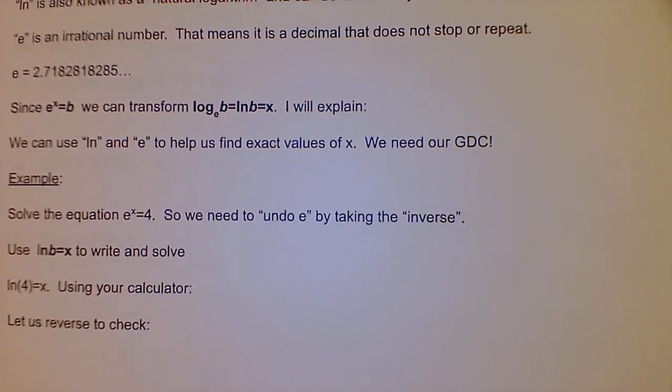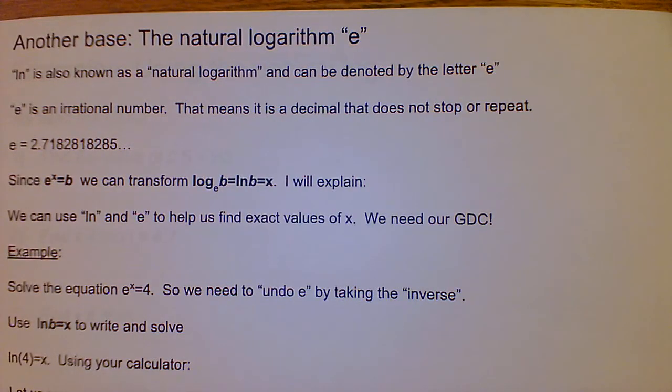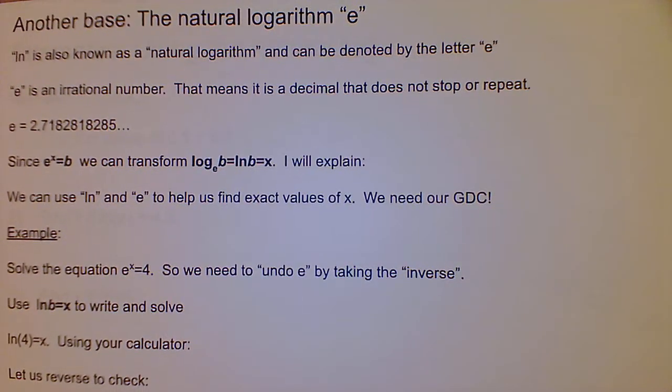Okay, next. Another base. This is known as a logarithm e. So here's where, if you were not grasping the concepts that we just went over in the previous couple pages, you might want to pause, go back over, maybe retry those examples on your own, and then come back to this part, because I'm introducing to you the natural logarithm.